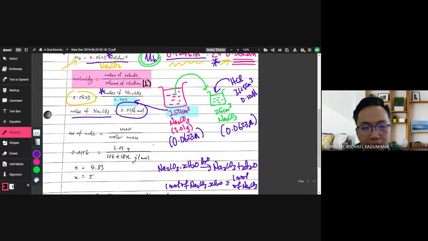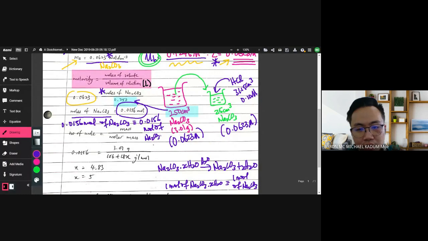Mol ini, okay, Na2CO3, 0.0156 mol of Na2CO3 akan samalah dengan 0.0156 mol of Na2CO3.XH2O tu.